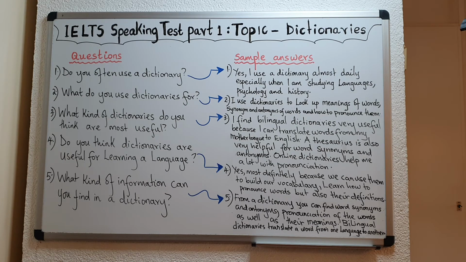So what the examiner is asking you here is, what sort of details, when you use a dictionary, okay, what kind of information do you find in that dictionary? What do we use dictionaries for? What kind of information are we able to find in a dictionary?